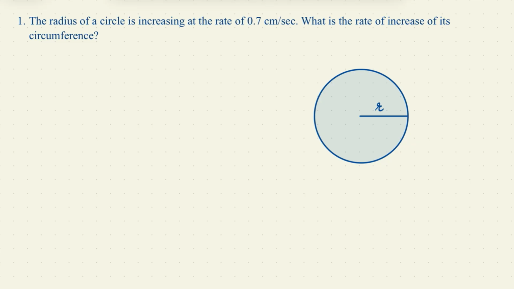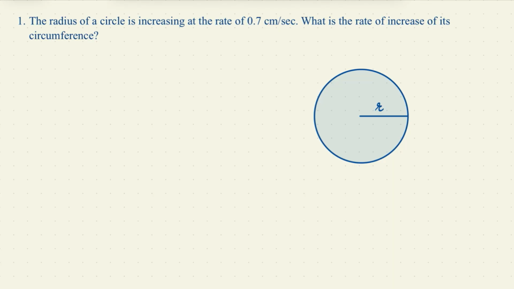So if the radius is increasing at the rate of 0.7 centimeter per second, it is obvious that its circumference and area will also increase. The question is asking at what rate the circumference of this circle will increase if its radius is increasing at 0.7 centimeter per second.